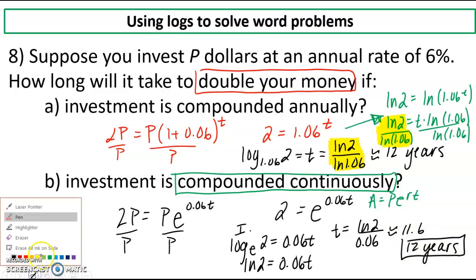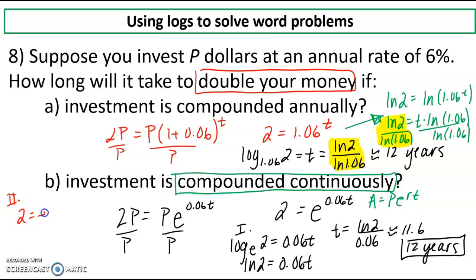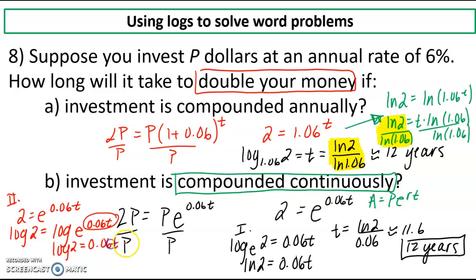All right, and let me just look at the second method. I have 2 equals e to the 0.06t. If I take the log of both sides, bring my exponent out front, so I have a log of 2 equals 0.06t times the log of e. Okay, don't make the same mistake I did.